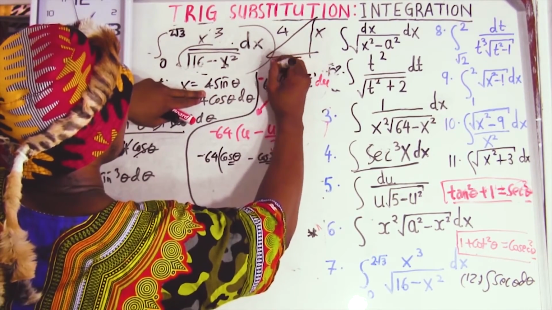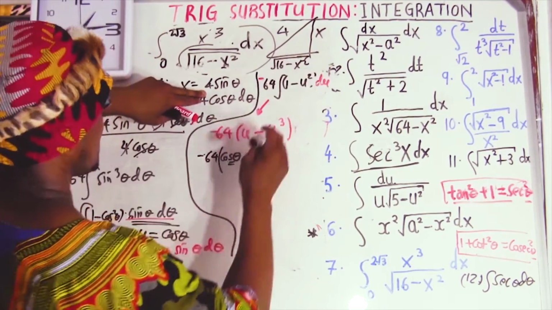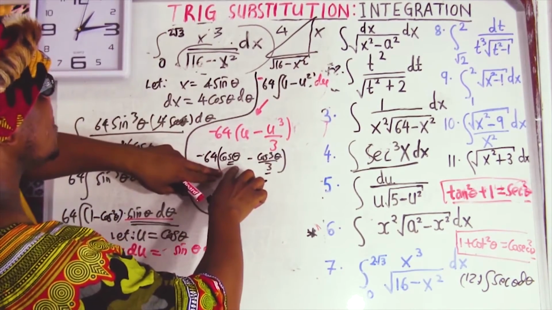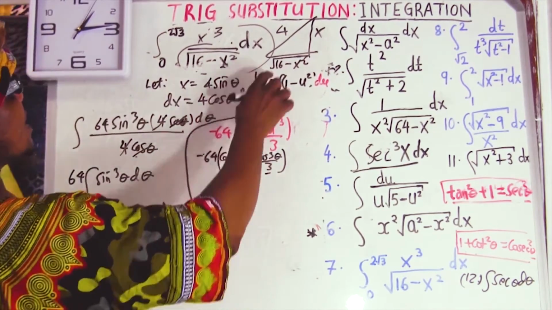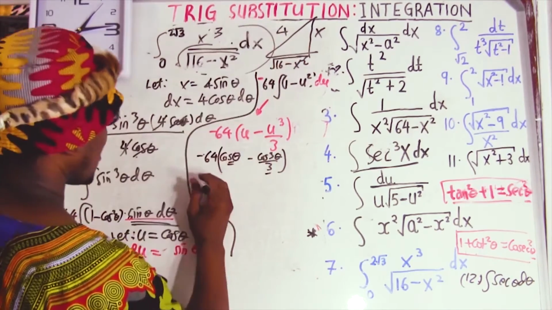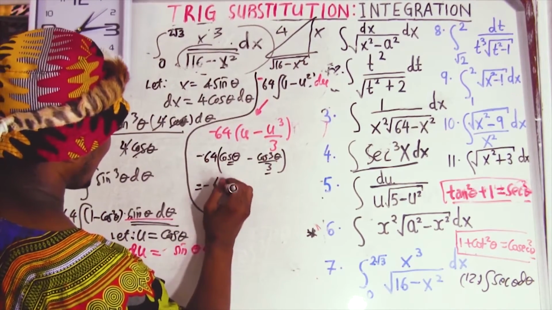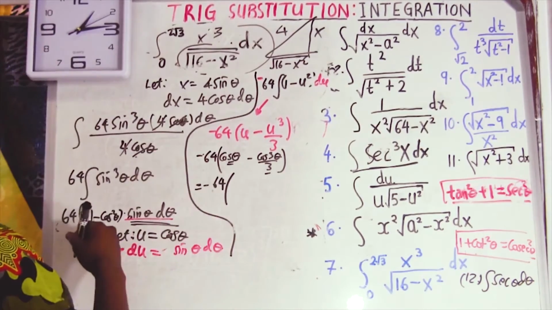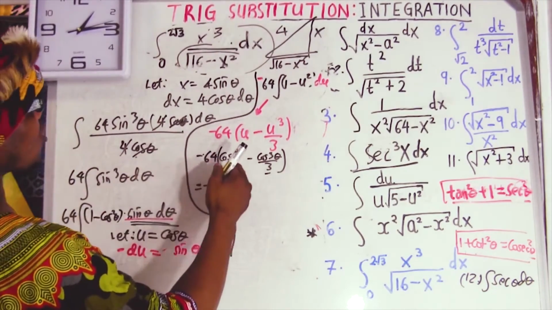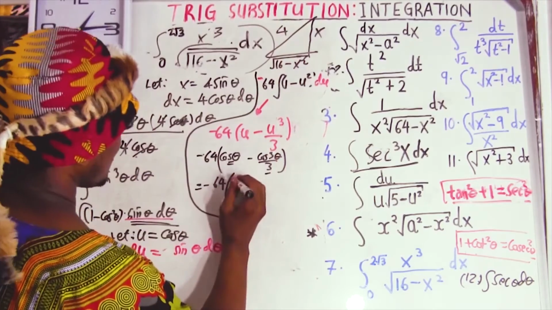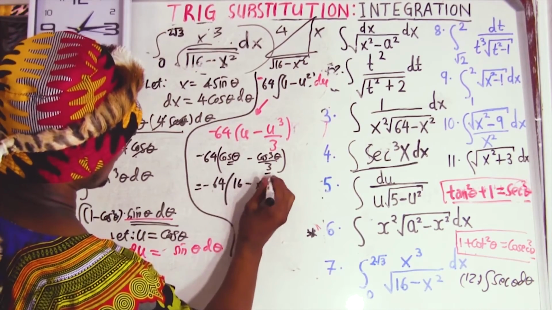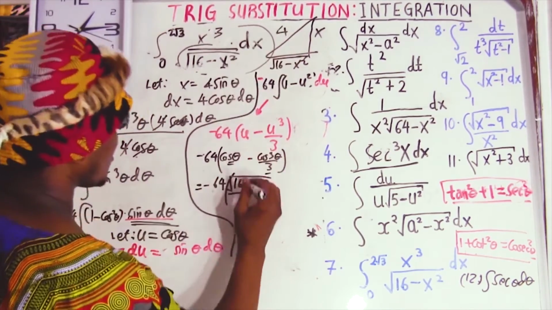So adjacent is going to be the square root of 16 minus x squared. So what is cos? Cos equals adjacent over hypotenuse. So now this is going to be equal to negative 64. What is adjacent? Cos equals adjacent over hypotenuse, which is the square root of 16 minus x squared over hypotenuse, which equals 4.